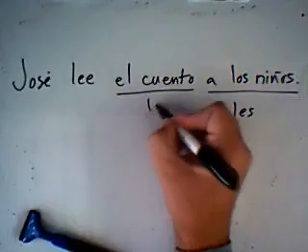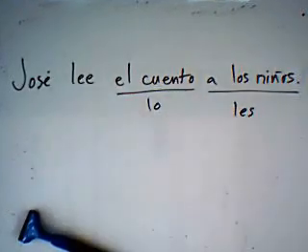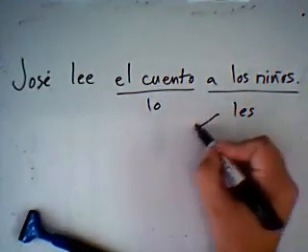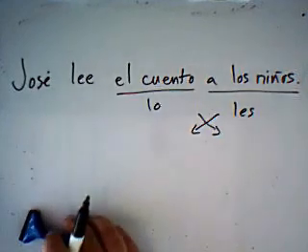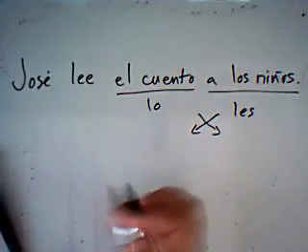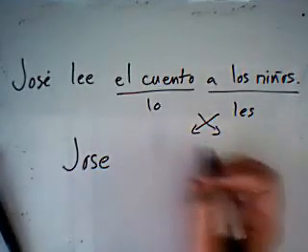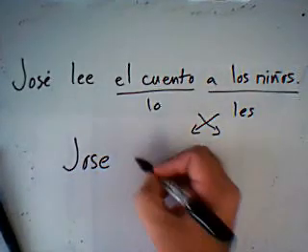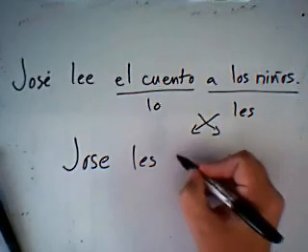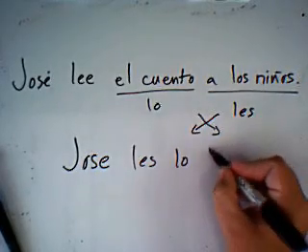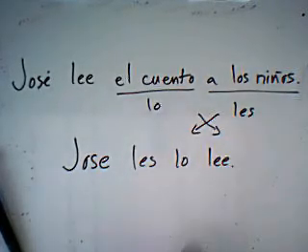El cuento as a direct object pronoun, masculine singular, is lo. And again, we're going to switch the placement of those when we reduce the sentence down to José. In a first form, it would be les and then lo, but that's kind of a tongue twister, right?